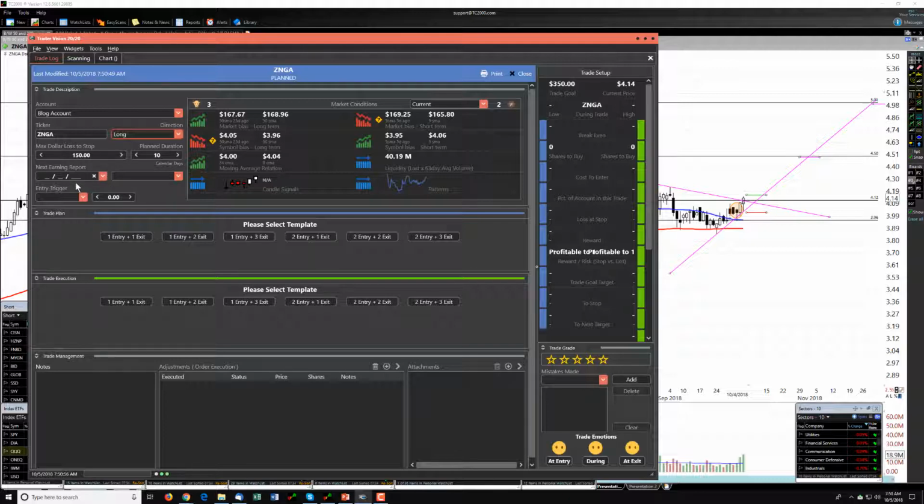Okay, so our service has no data on report date for ZNGA. Let me look it up over here. Okay, it looks like 11.6 is what another service is reporting for us.